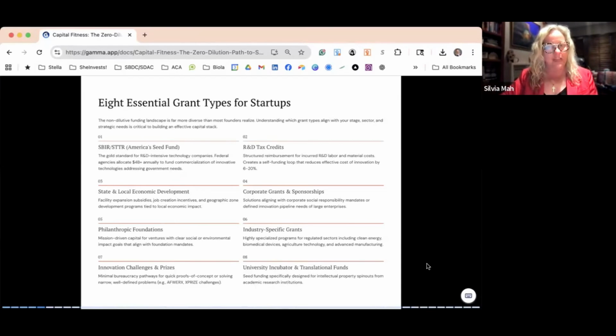Rady School of Management has the Rady Venture Fund. They invest in companies that are Rady alum. One of the pieces of their thesis of their fund, and it's sort of like a university incubator or fund, is that they actually invest in that. So look at all of those things. This is not an exhaustive list, but some place to start.